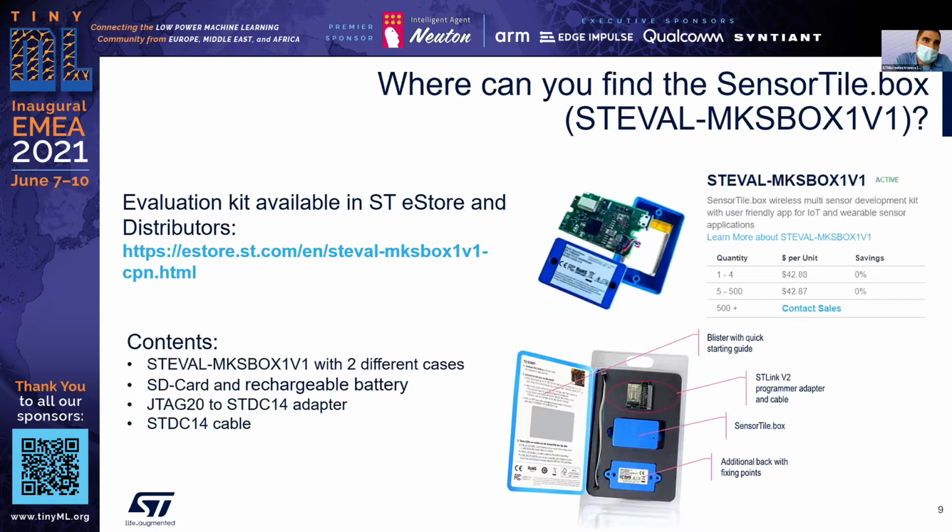The SensorTile kit is available on our e-store on st.com or through our distributors. It is sold at about $40 per piece. And you can find in the kit also the connector and the adapter to use the SensorTile with the ST-Link box in order to debug and to program the board.